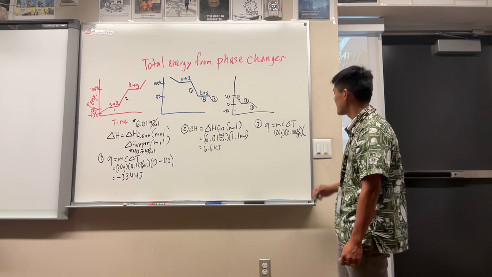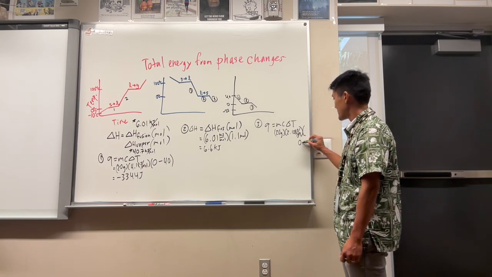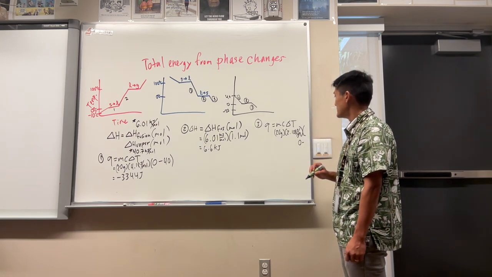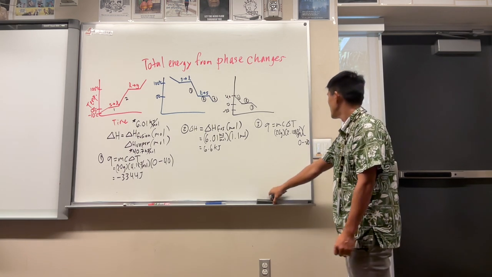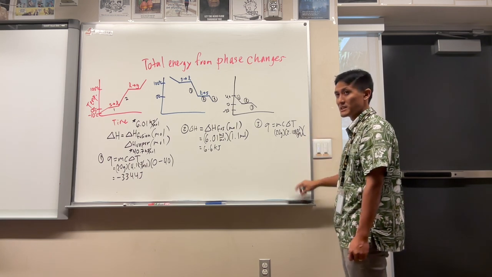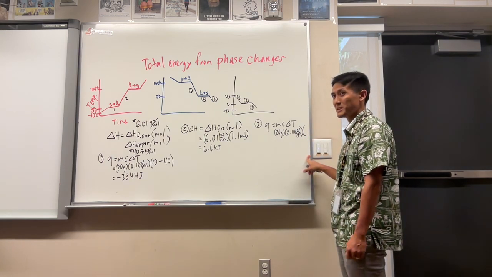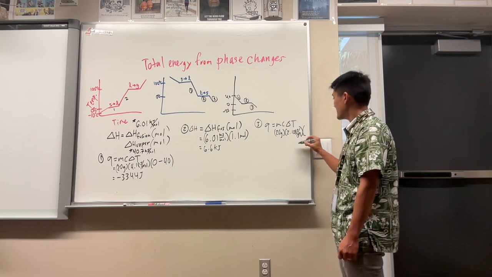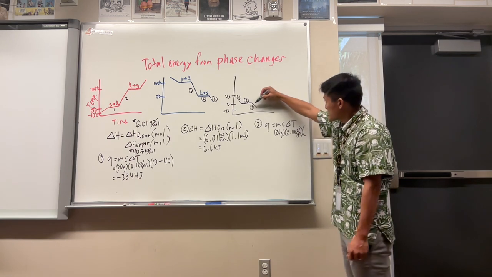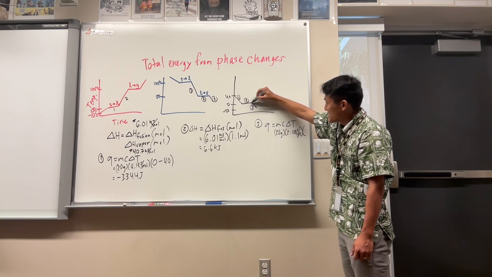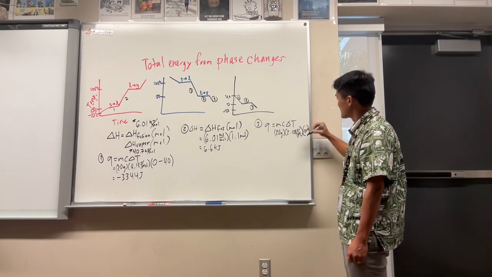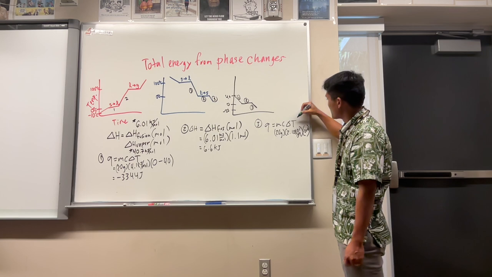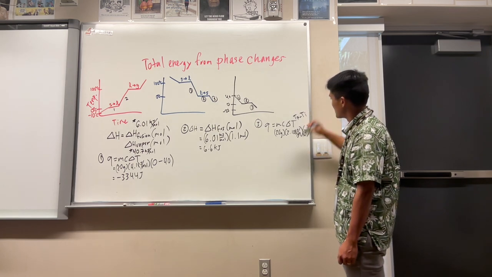Initial temperature is 0, and the final temperature is negative 20. So it's negative 20 minus 0. Always remember it's T final minus T initial.